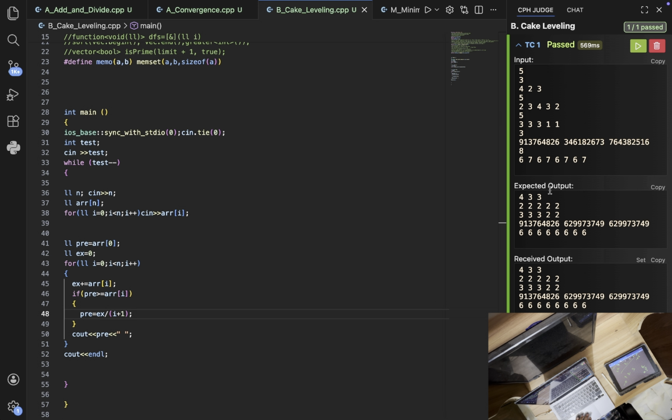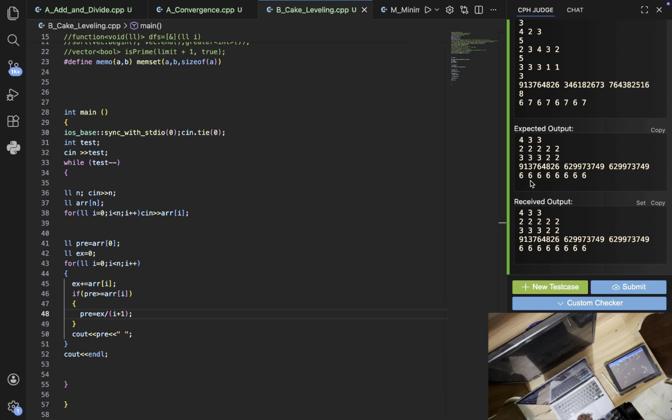Why will it gonna get warped? It wants the prefix max. Let's have 10. Then I have 15. Then I have 20.